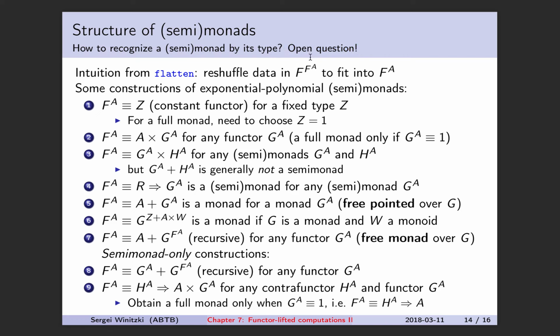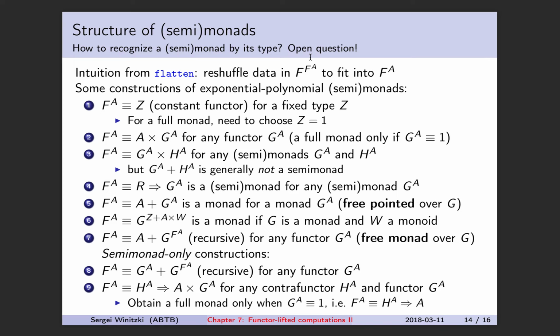In other words, nobody knows the answer. If I give you some arbitrary type expression, it's not clear that you can easily recognize that it's a monad or not. You can certainly try to implement the methods pure and flatten. There might be many implementations of these that fit the types, and then you would have to prove that laws hold.